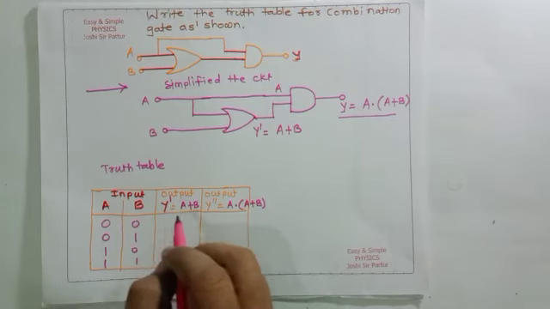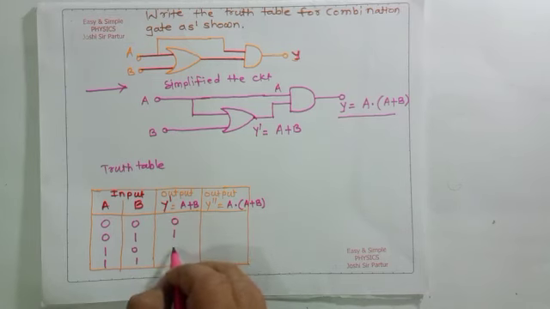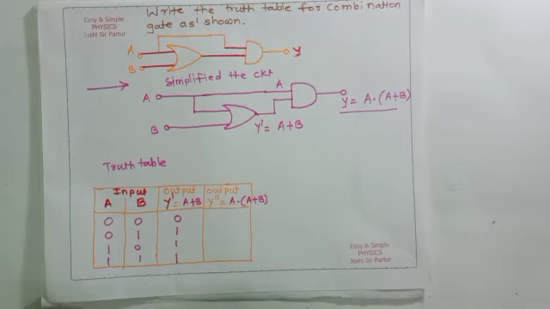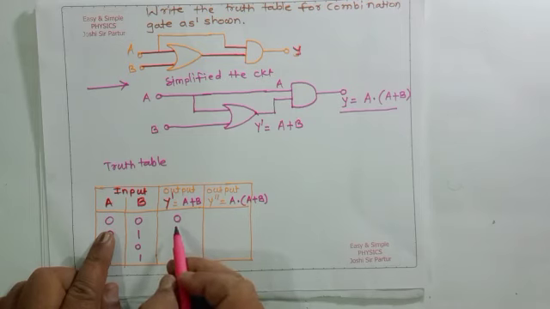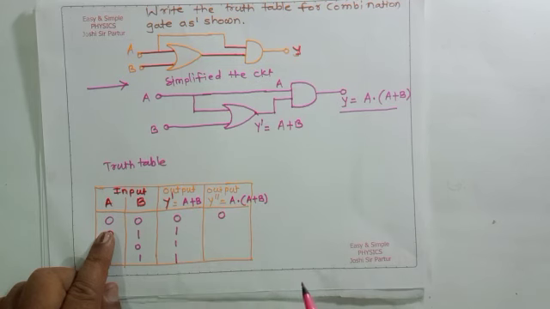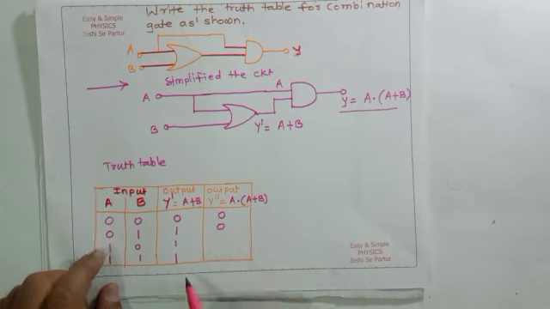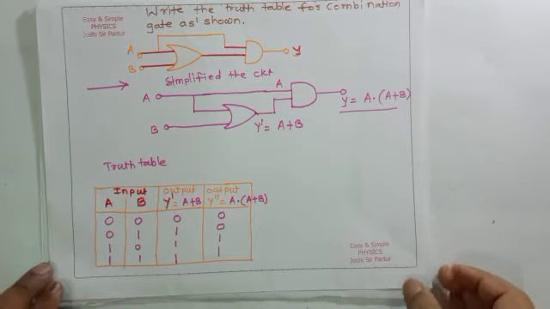Here the output Y dash for the OR gate will be low, high, high, high. And the output for the AND gate, A or B, will be low, low, high, high. That gives the truth table for the given circuit.